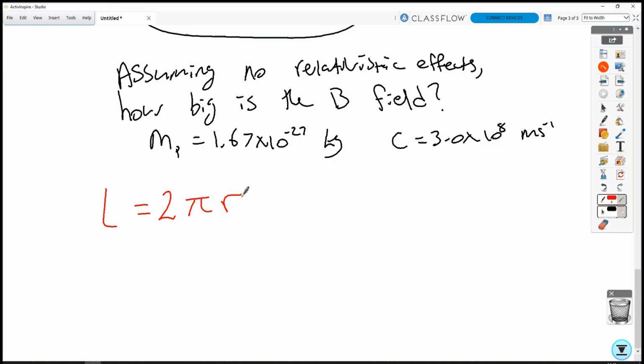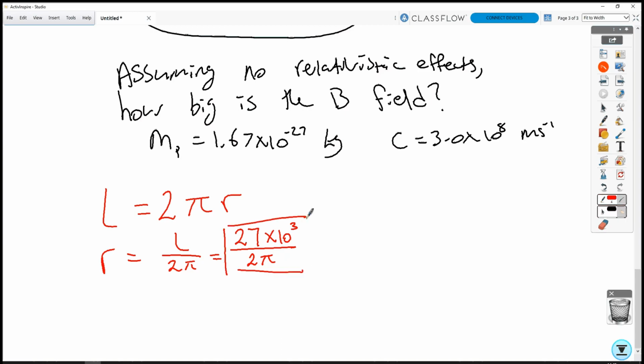So we want to find the radius. So we rearrange this equation to get r equals L over 2 pi. And L was 27 kilometers. So that's 27 times 10 to the 3 all over 2 pi. And we'll hold on to that for now. We won't need to actually calculate it.